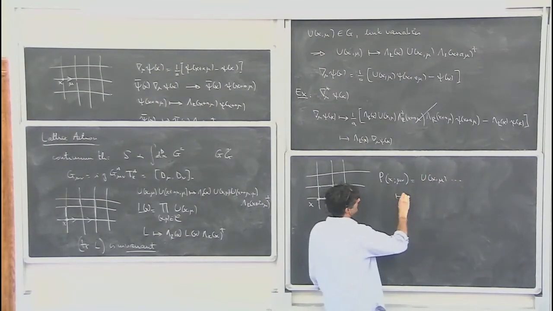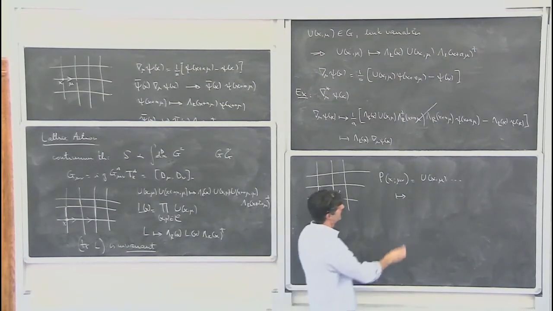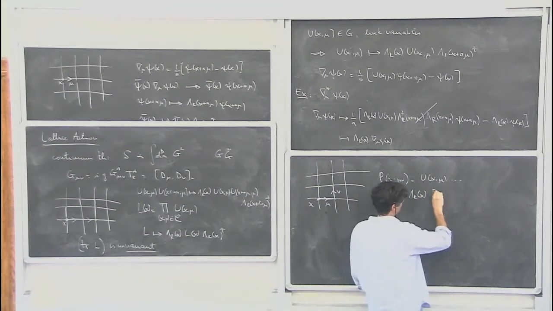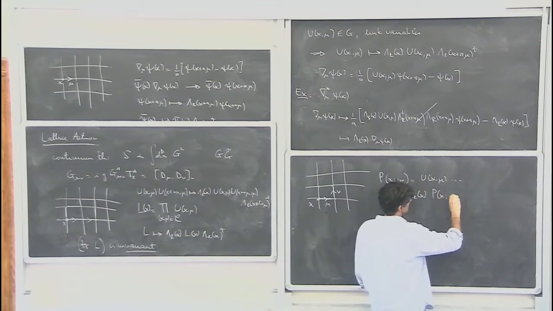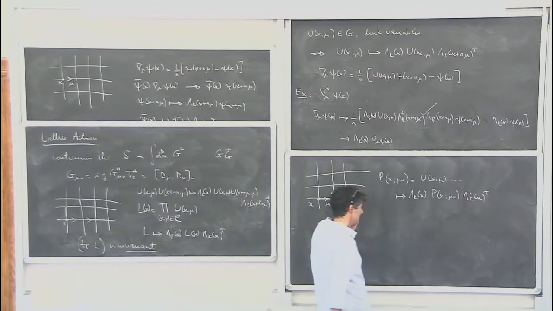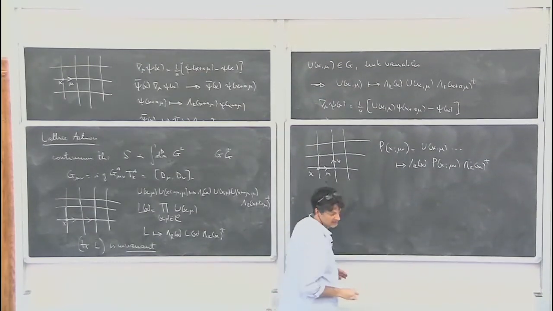Under a gauge transformation, because it's the product along a closed path, this transforms like lambda of x P of x, mu nu lambda of x dagger, and so the trace of P is invariant.